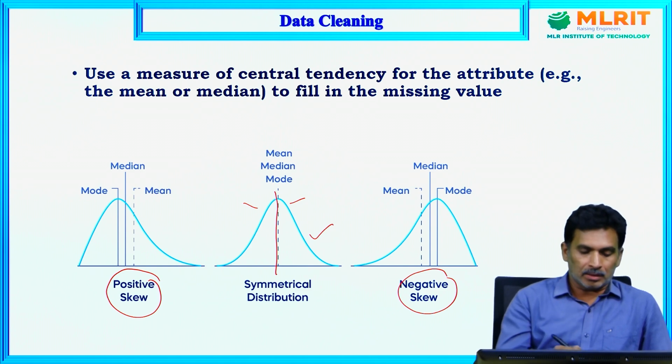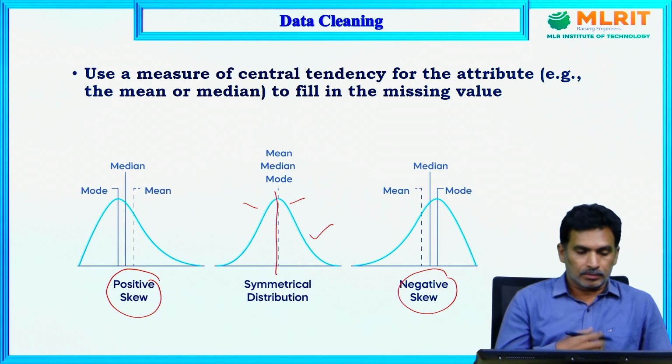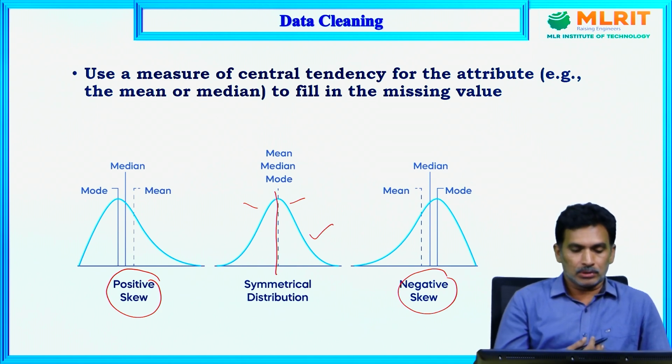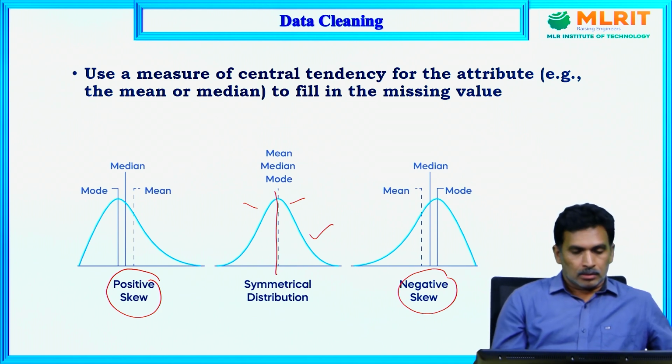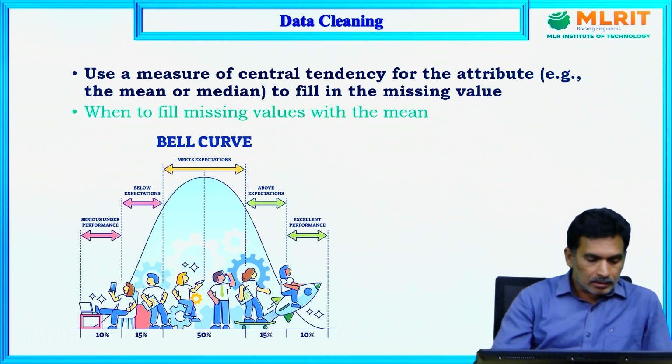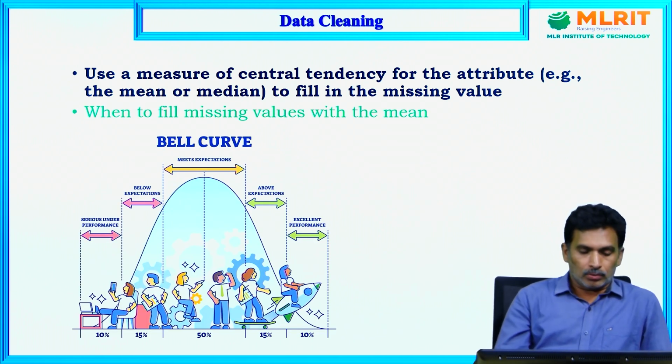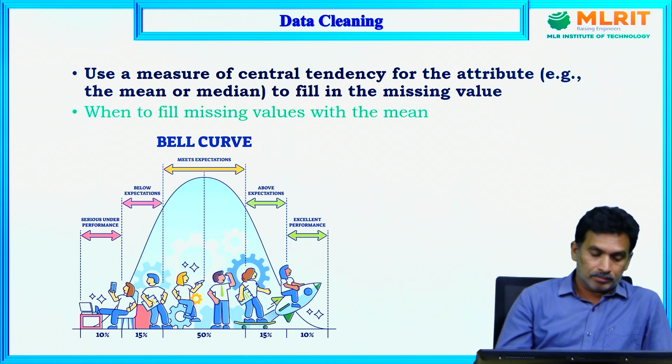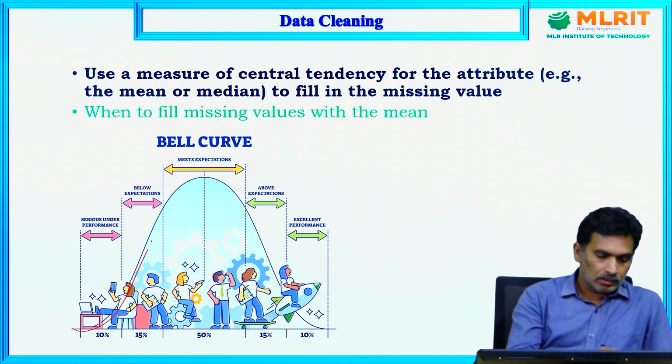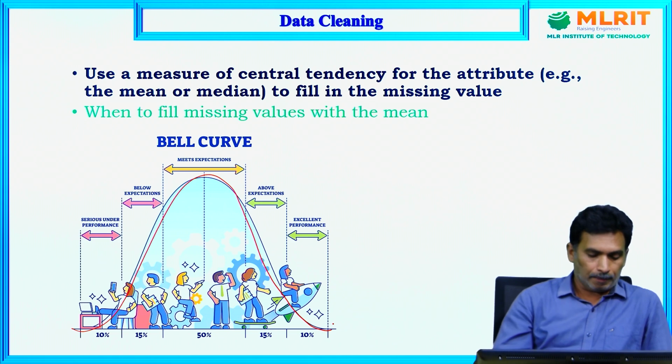If it is symmetric, then it would be recommendable to use them, but if it is skewed data, we have to check whether it is recommendable or not. For example, if your data follows the normal distribution, you can see the data distribution looks like a bell-shaped curve.